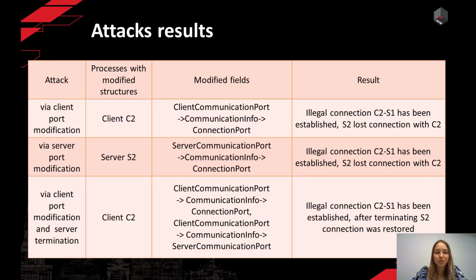So, we demonstrated 3 new types of attacks on the Windows ALPC mechanism. As a result of these attacks, an illegal connection from client to server has been established, and the server lost connections with its client.